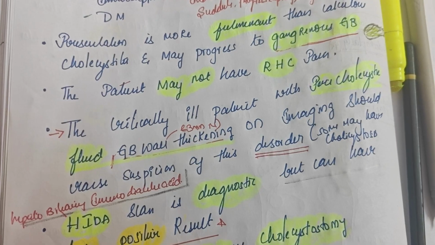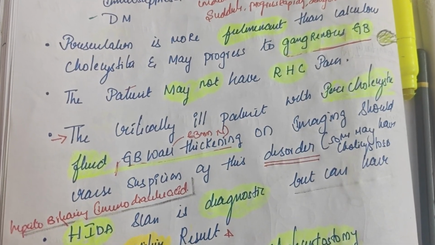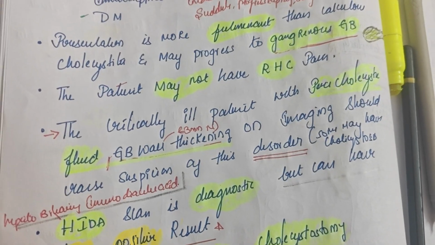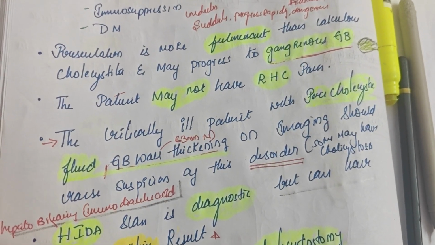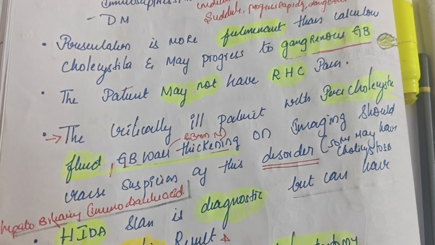The next important aspect: the patient may not have right hypochondrial pain because his body is immunosuppressed, so he cannot get right hypochondrial pain.